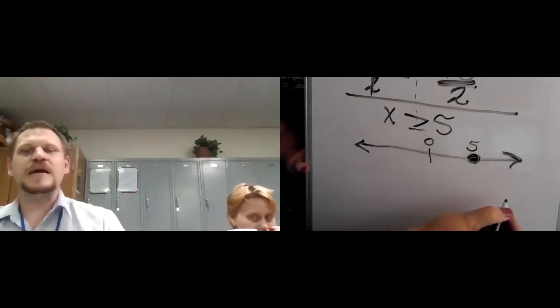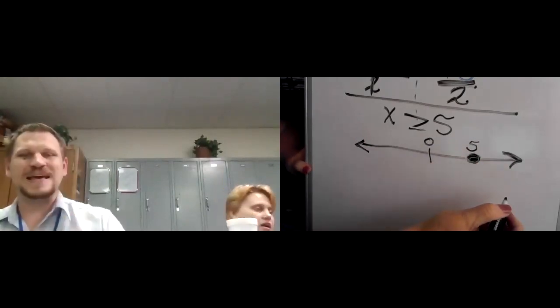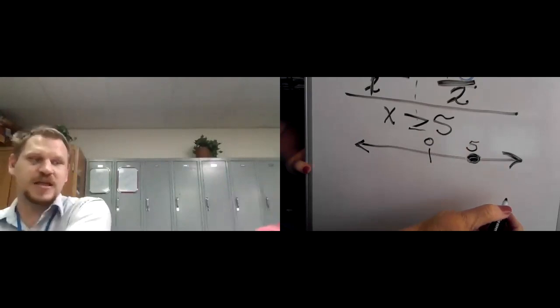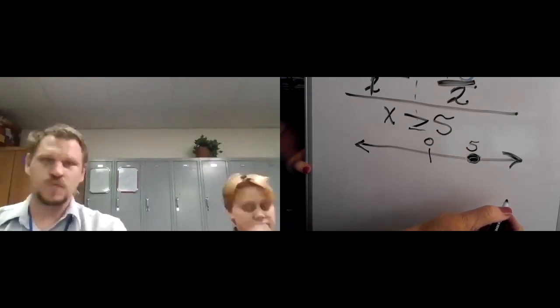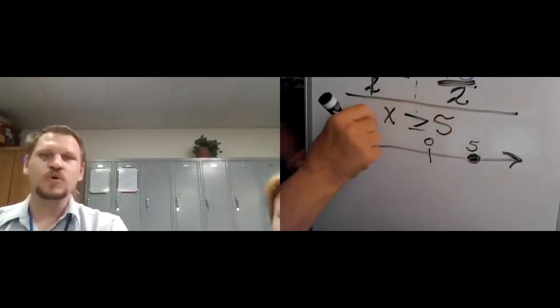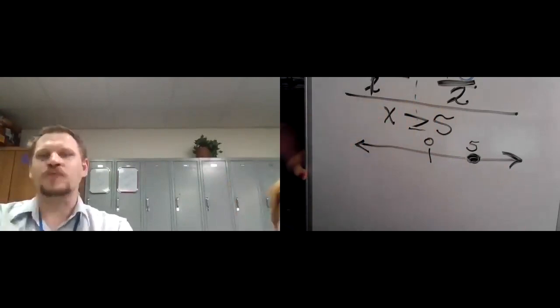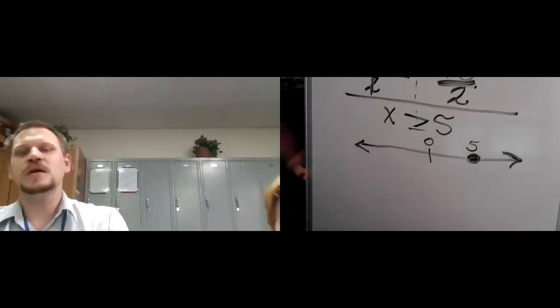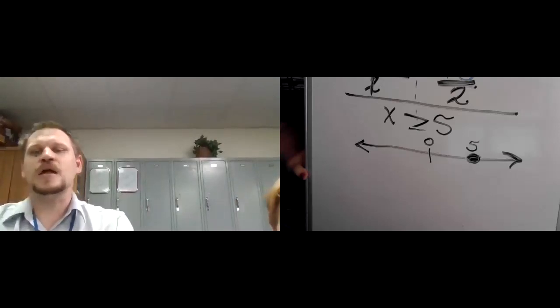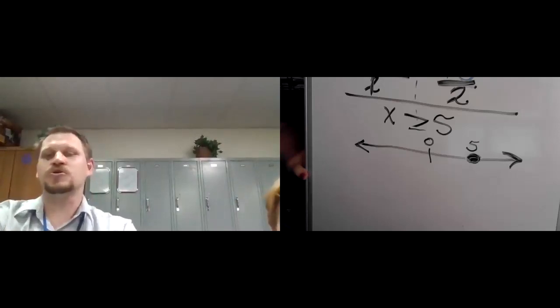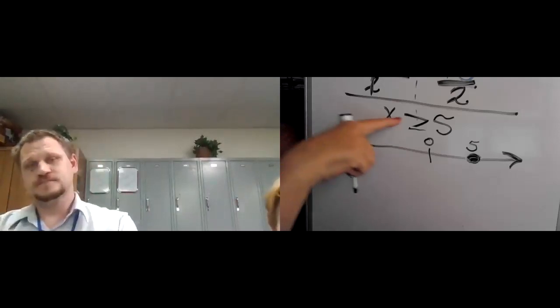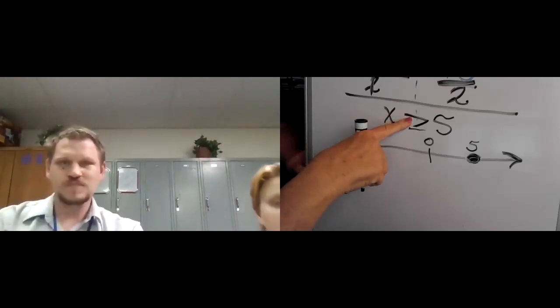And what I was talking about on the negative is because it's not saying that it's less than, we don't have to worry about that. What we would be doing is coloring in from there to the right, because it says greater than 5.